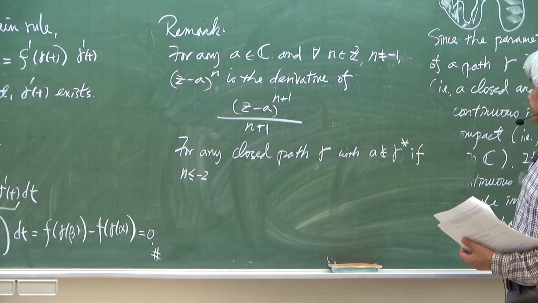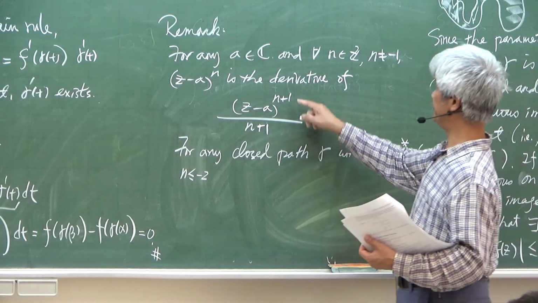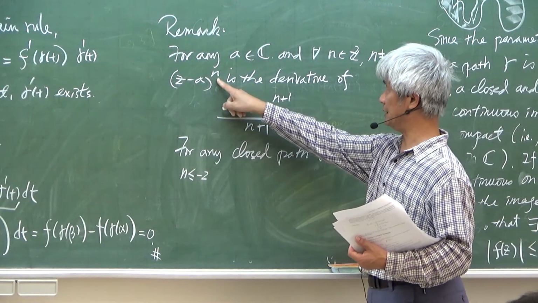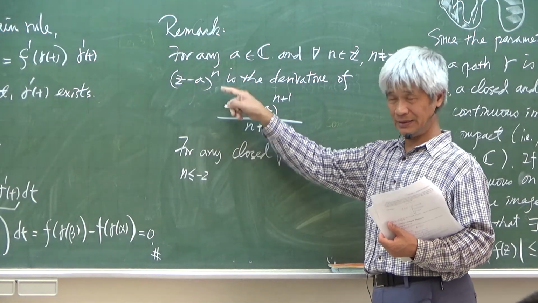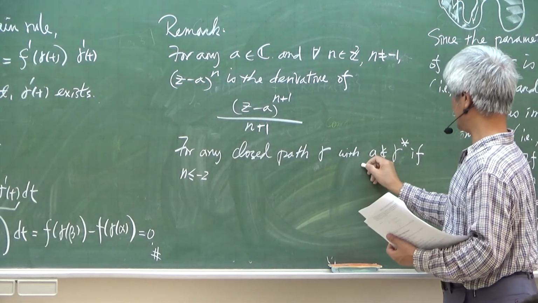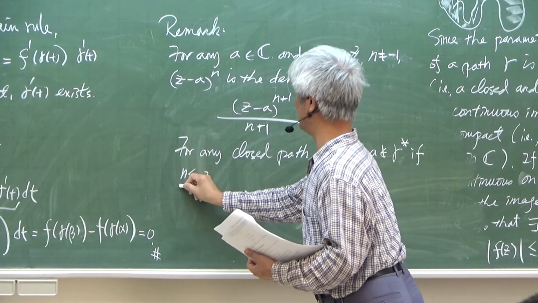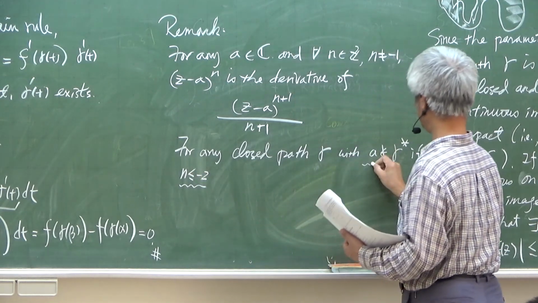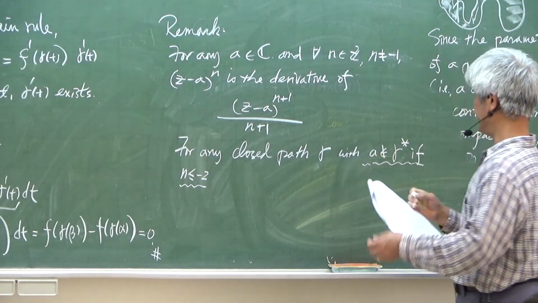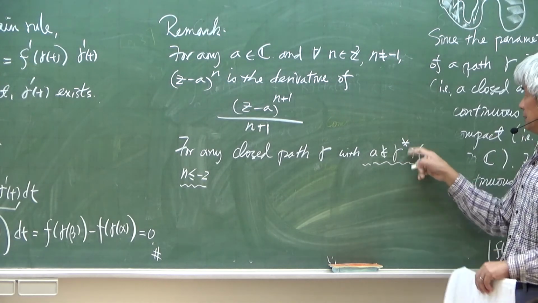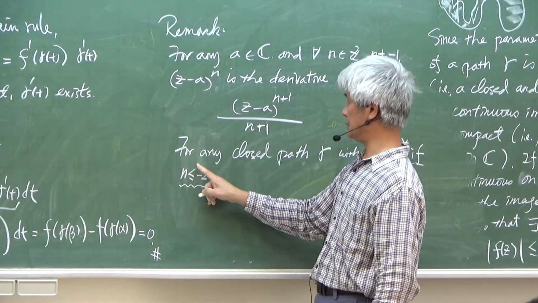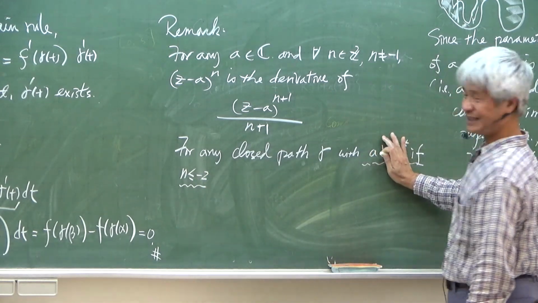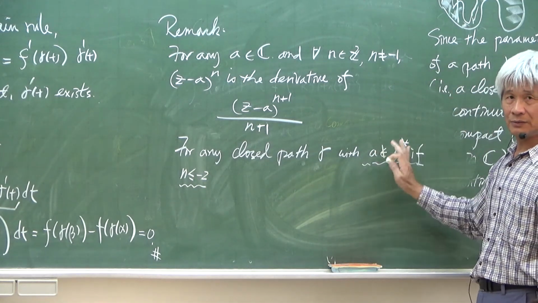Because if n is negative, then z cannot equal a, otherwise it's undefined. So if n is less than or equal to -2, we require that a is not in this closed path. But if n is greater than or equal to 0, then it doesn't matter.